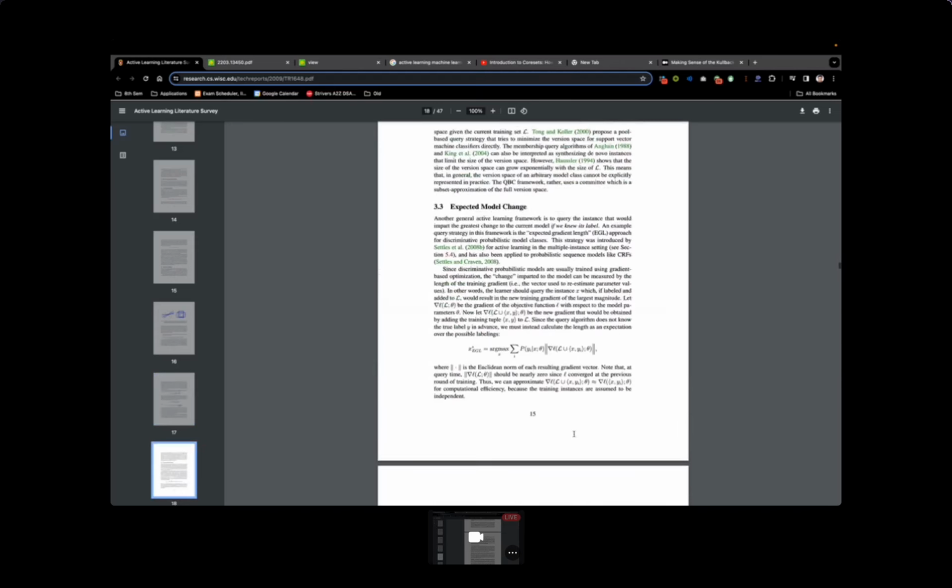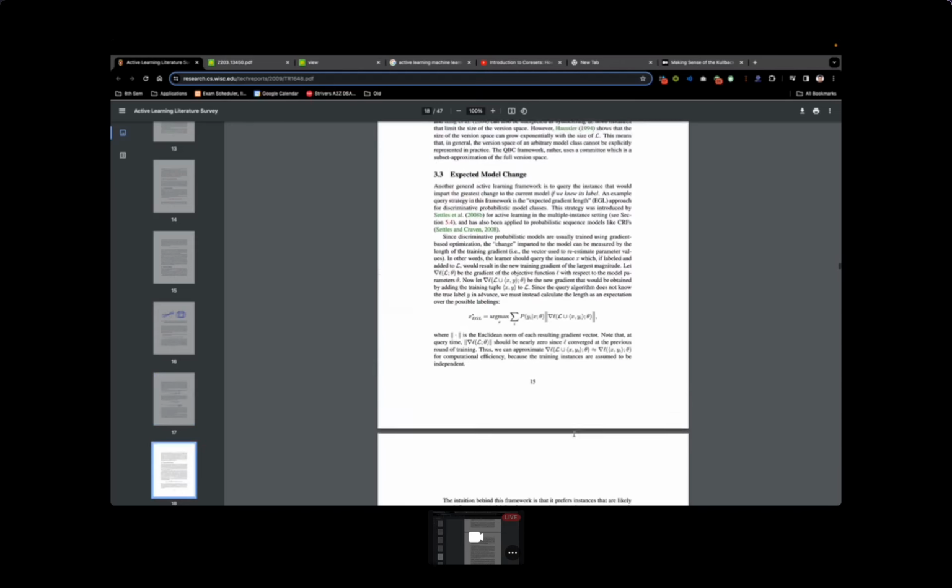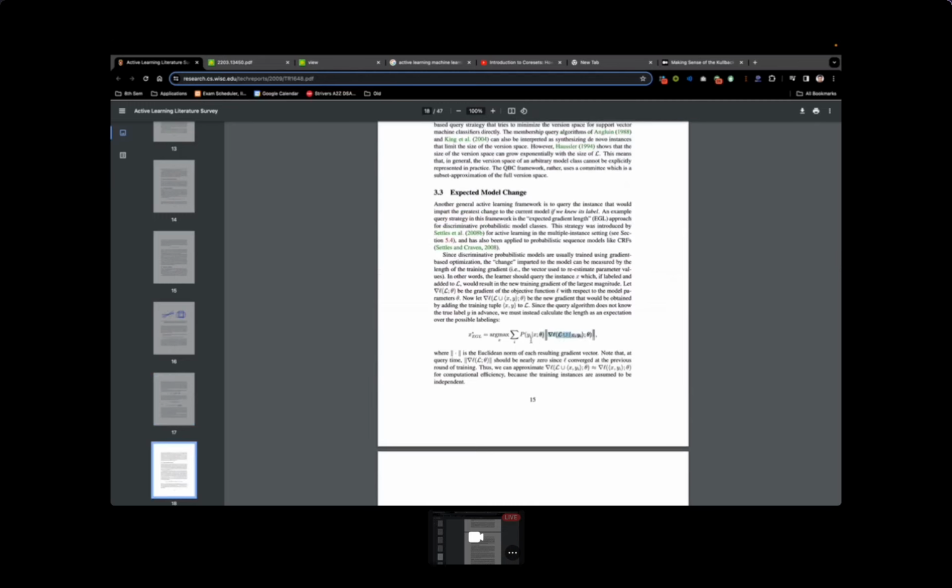So you can derive many frameworks from this. Then expected model change. This is something very interesting, and this is kind of a bonus assignment. Will you implement this expected model change? Expected model change is the same thing as expected gradient length.